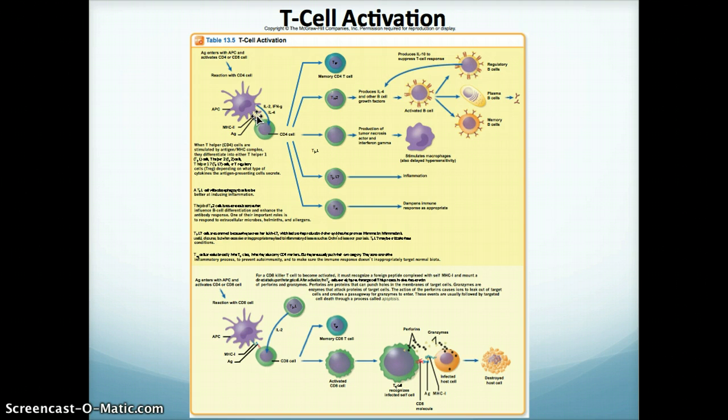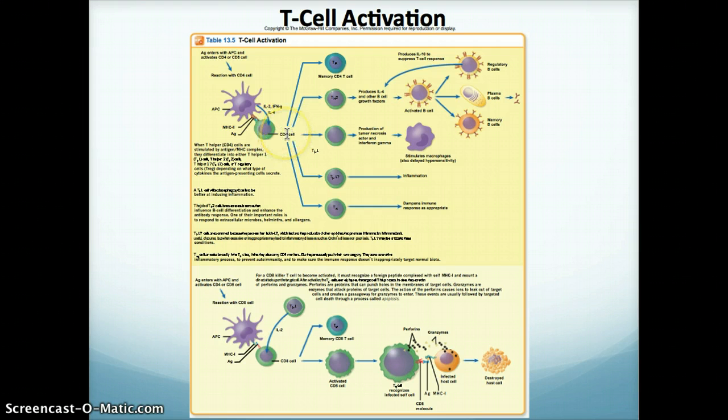We have release of interleukin 2, interferon gamma, and interleukin 4. And through this stimulation of the CD4 cell, we get proliferation of T cells. We get those memory CD4 T cells in case this antigen invades again.